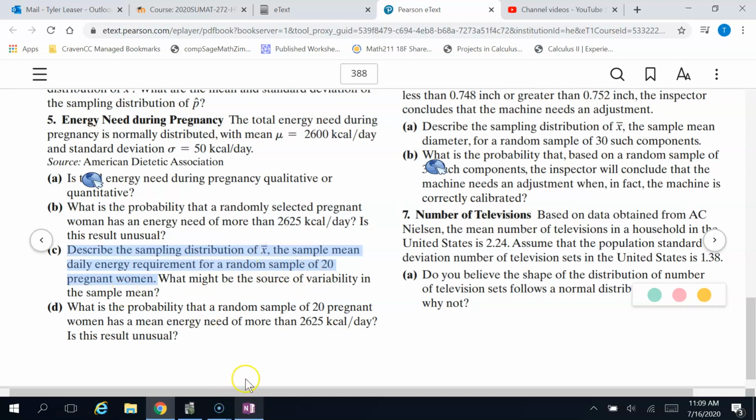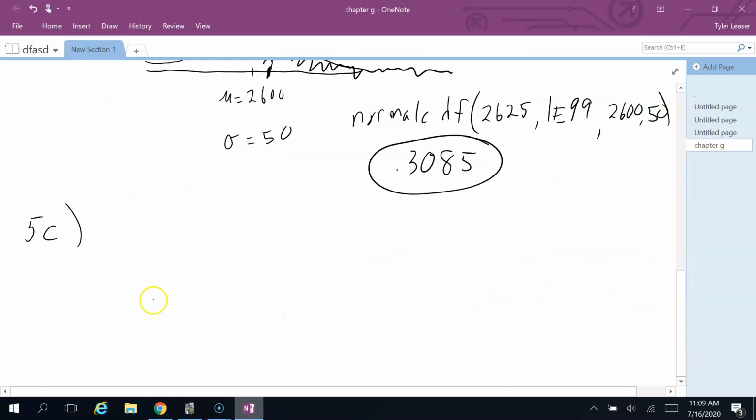So describe the sampling distribution of X bar for a random sample of 20 pregnant women. Now we're creating a sampling distribution where we're looking at it as samples of size 20. Every single different sample size is going to have a different sampling distribution. Here, looking at size 20, it's going to be normal.